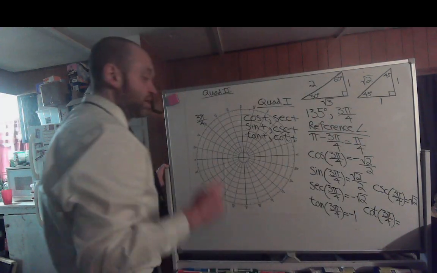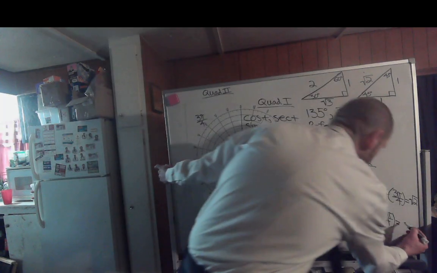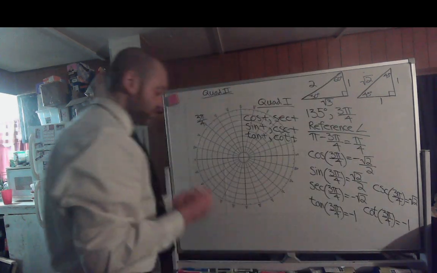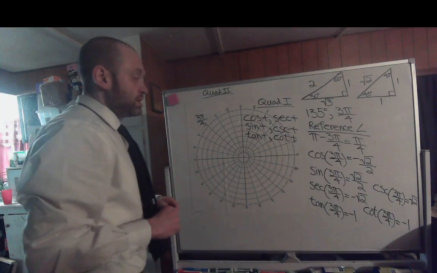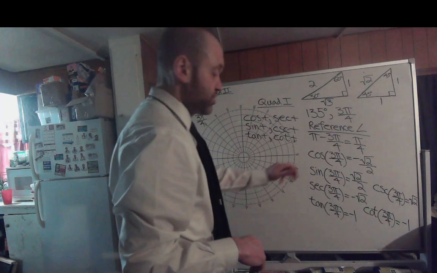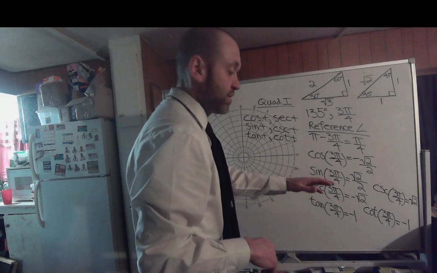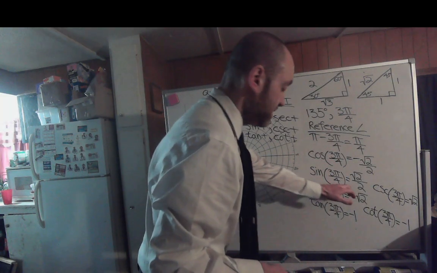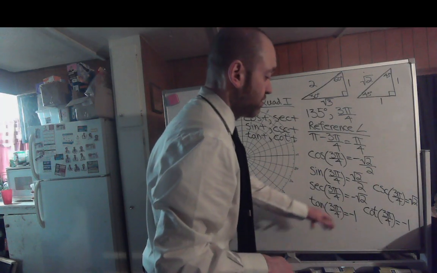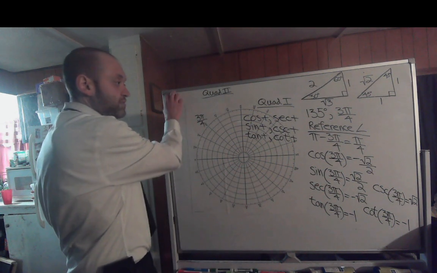So the cotangent then is just 1 over your tangent, which would also be negative 1. So you're probably starting to notice a common theme in the second quadrant. Your cosine's negative because your x-coordinate's negative, and your sine is positive because your y's positive, which gives you the value of all the other trig functions.